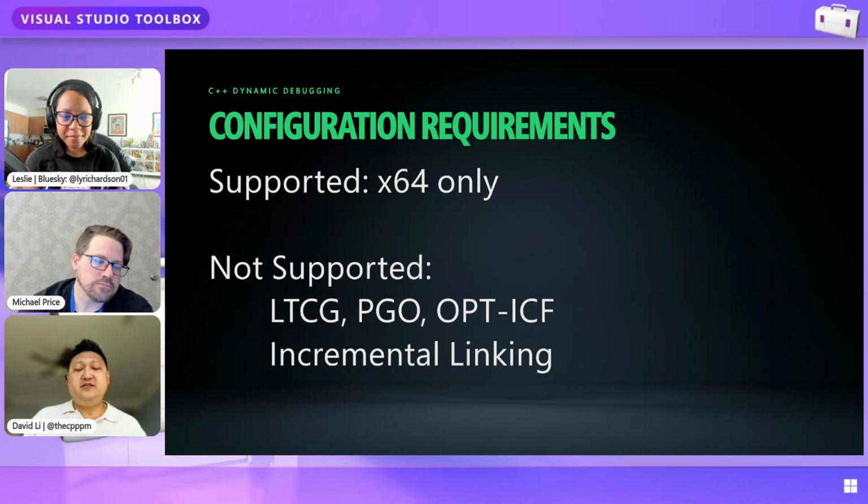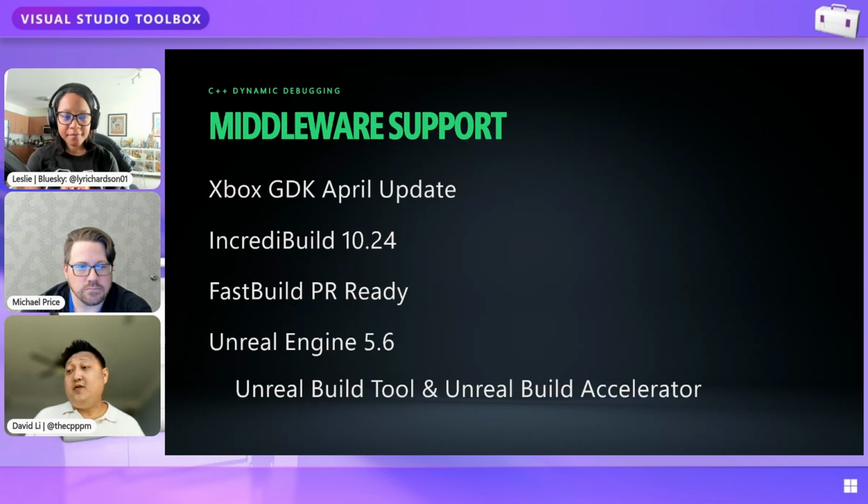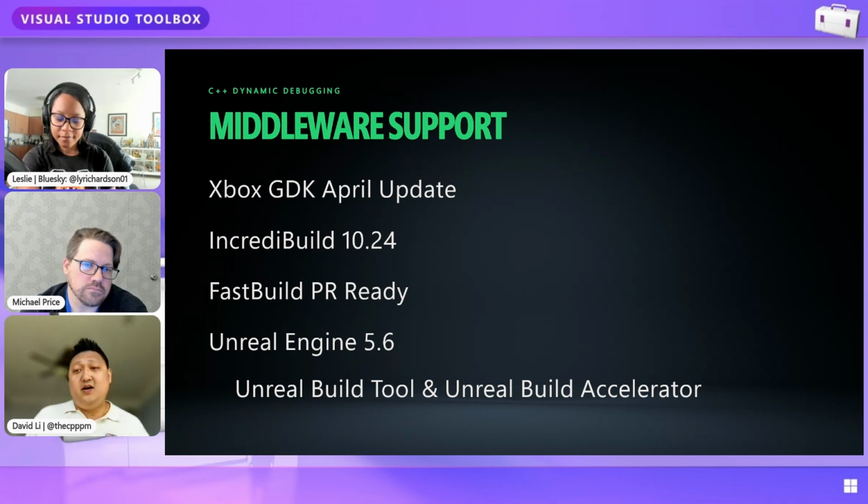Some other requirements. This is only available for the x64 architecture, and it does not currently support link time code generation, profile guided optimization, ICF, and incremental linking. We have also worked with our middleware partners. For those of you developing for Xbox, you'll be able to use this in the upcoming April update for Xbox GDK.